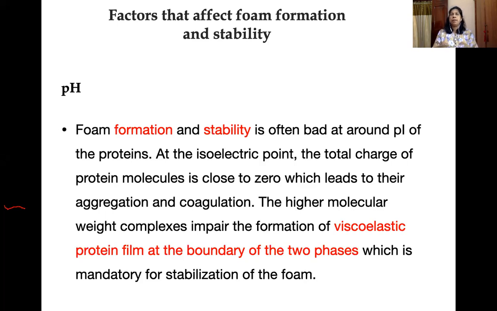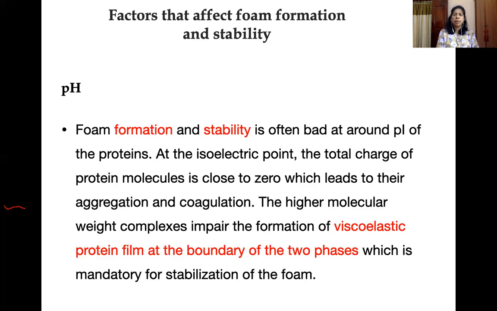At the isoelectric point they like to combine and keep together with each other. Therefore, they do not move to the interfaces and do their job. That is why the isoelectric point is not good.